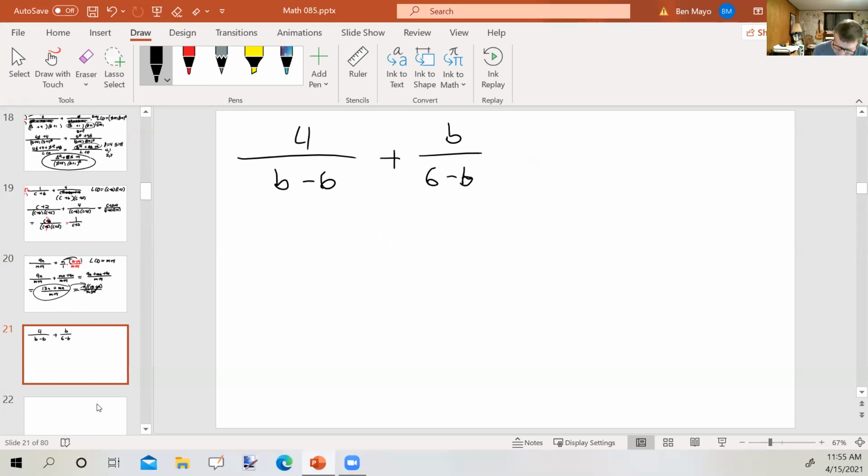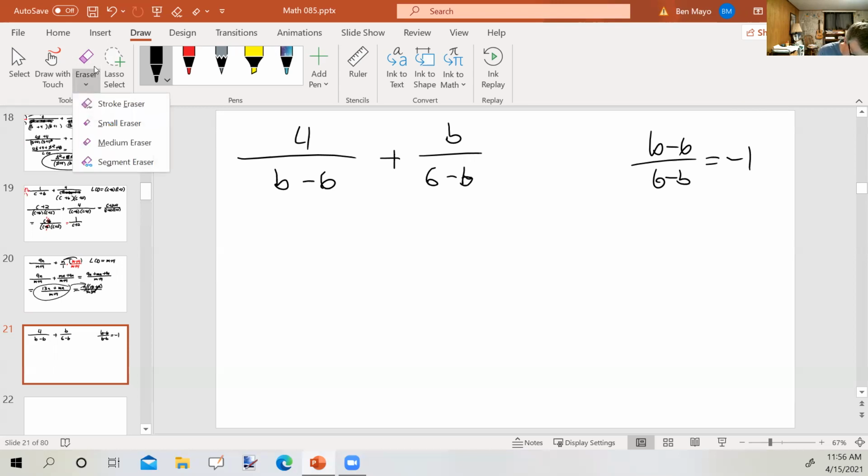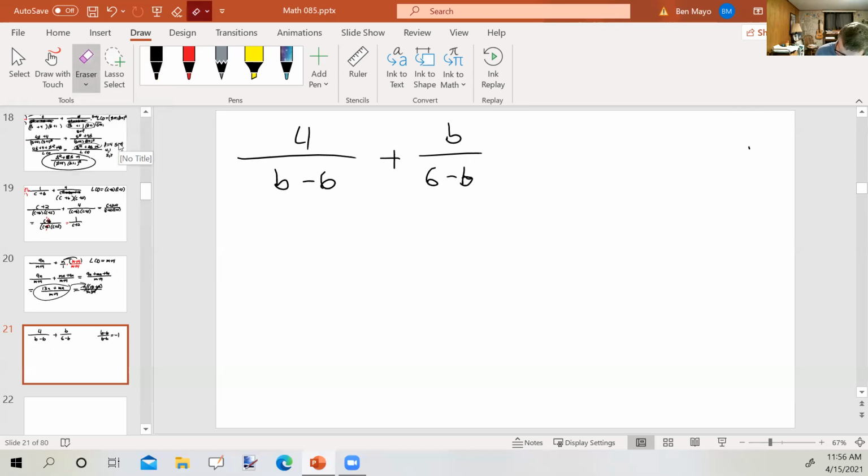If we had something like b minus 6 over 6 minus b, that's that whole thing with the doggies and the kitties, and it all equals negative 1. However, in this case, we don't have them in that same situation. But rather than have the LCD b minus 6 times 6 minus b, we can make it less complicated by doing the following. First of all, I want to erase this so I have more room.